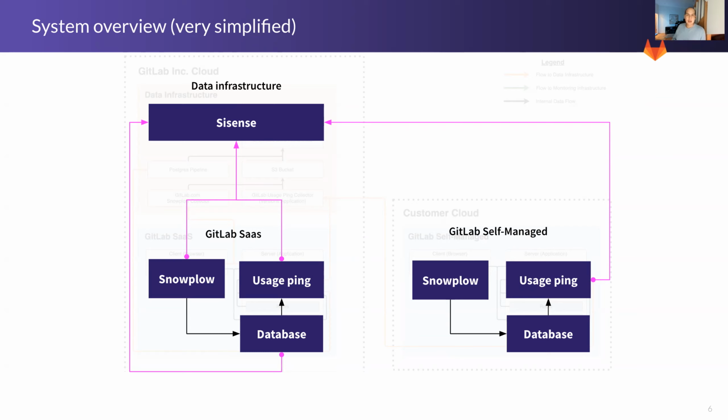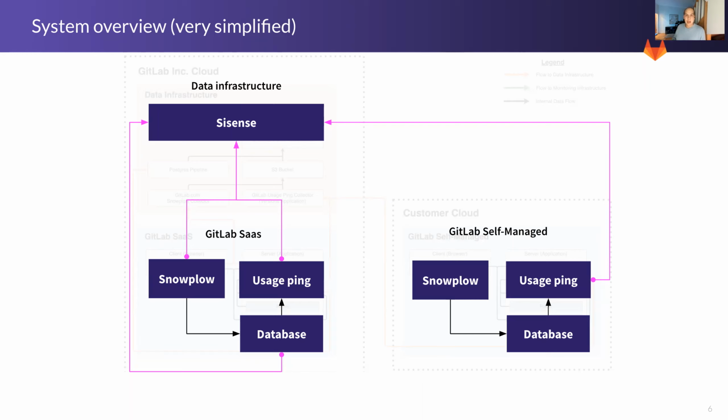That information is also available in Sisense, but more commonly it's aggregated into something called usage ping, which gives you a high-level count of stats you may care about. For example, how many merge comments there are on merge requests is a commonly quoted usage ping metric.